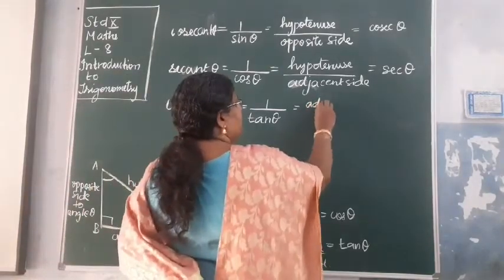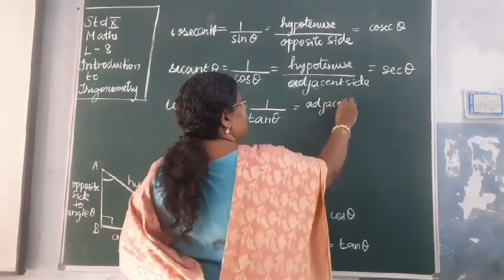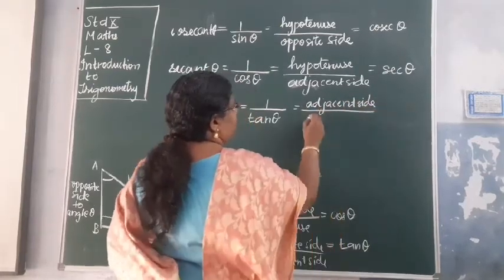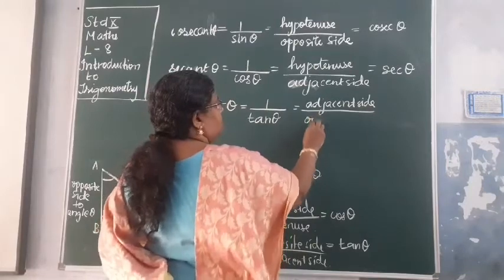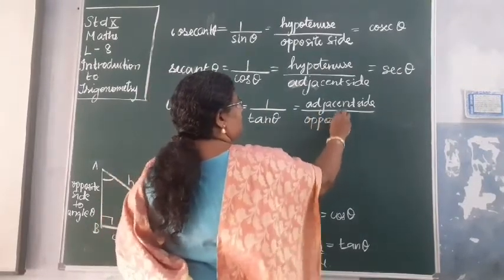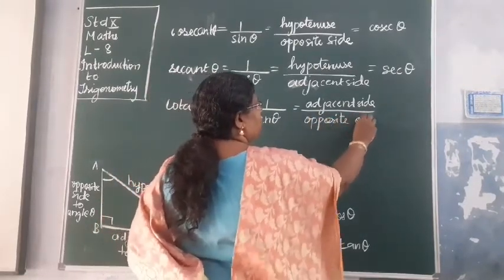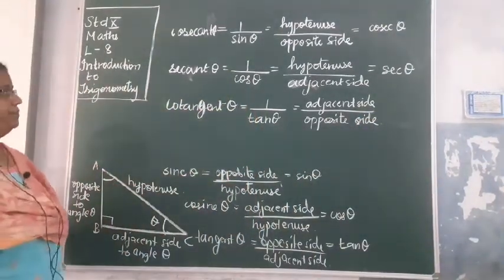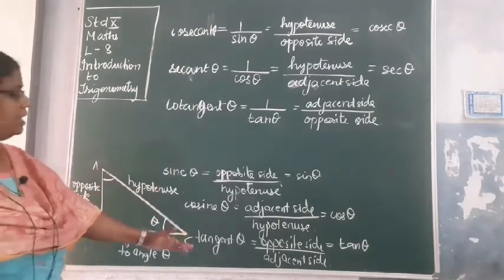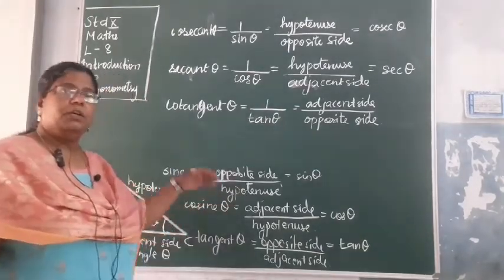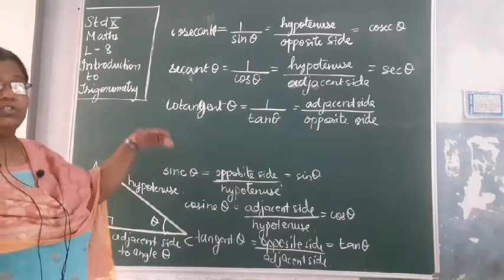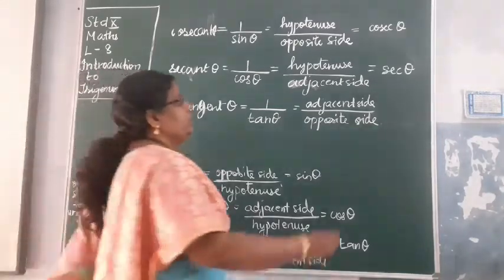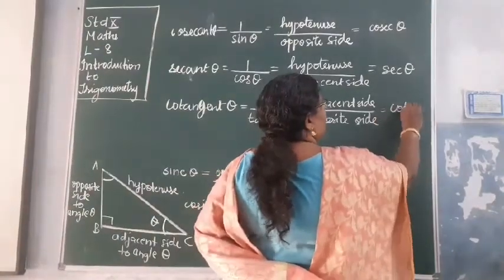So naturally this will become adjacent side upon opposite side. Now when I say adjacent and opposite side, you should understand I am talking about the side with respect to the angle theta. So these are the 6 basic trigonometric ratios which you should remember. Okay, cotangent को हम क्या लिखते हैं in short as cot theta.